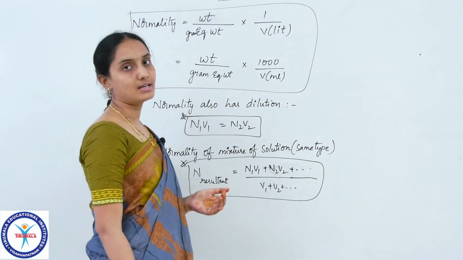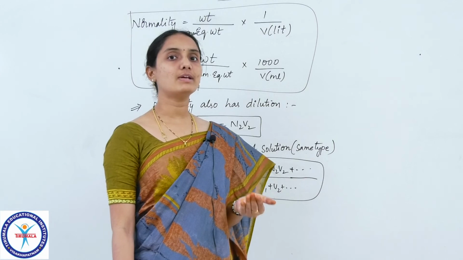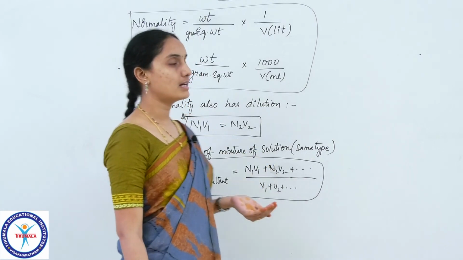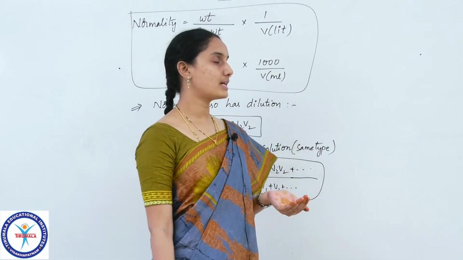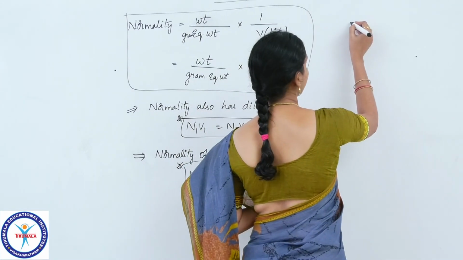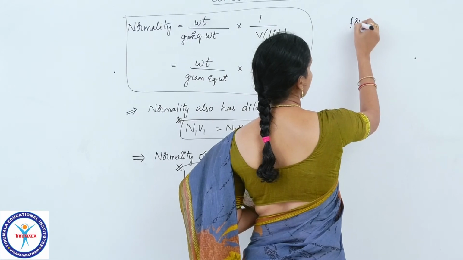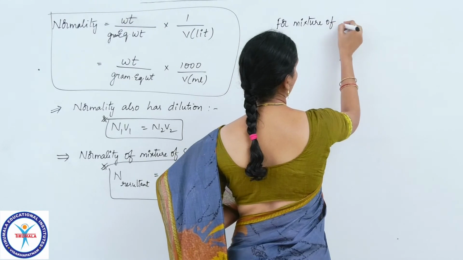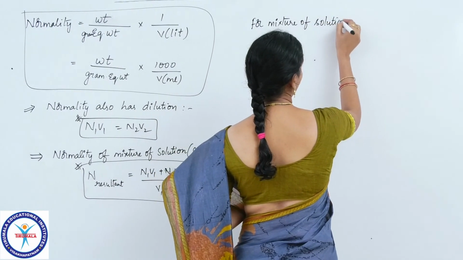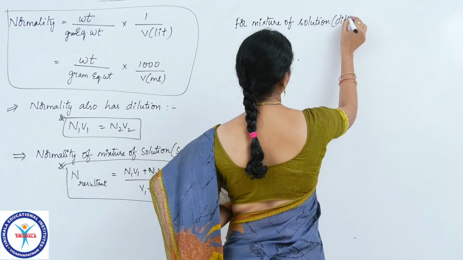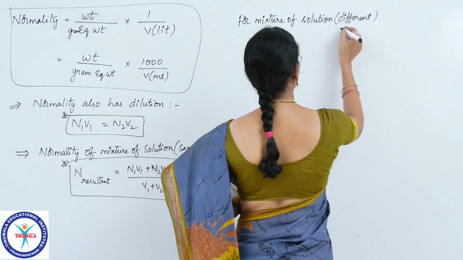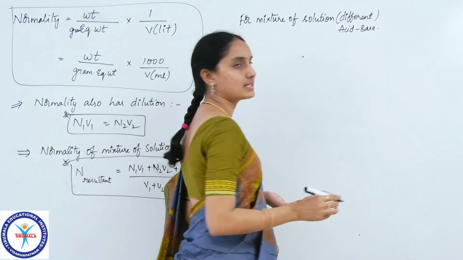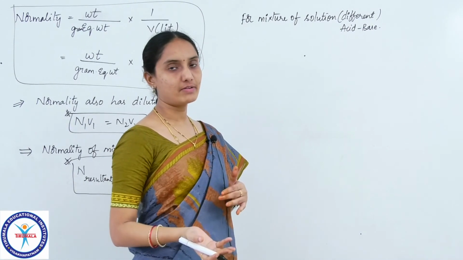Besides this, for neutralization reactions we considered M1V1 = M2V2 only, but here, according to normality, neutralization can be calculated for a mixture of solutions which are different, generally acid base reactions we will use here. So in this, one is acid, another one is base.